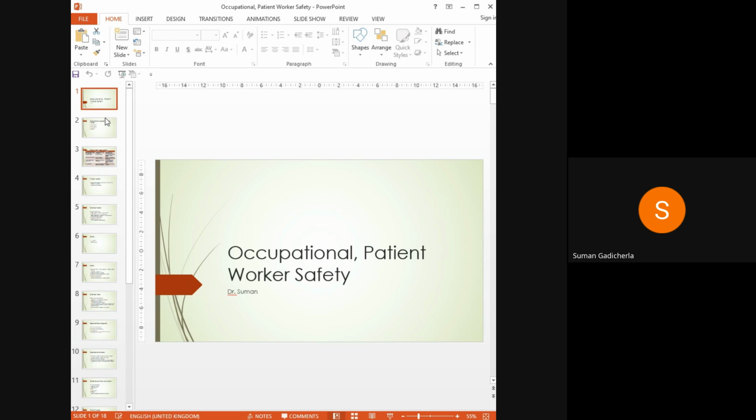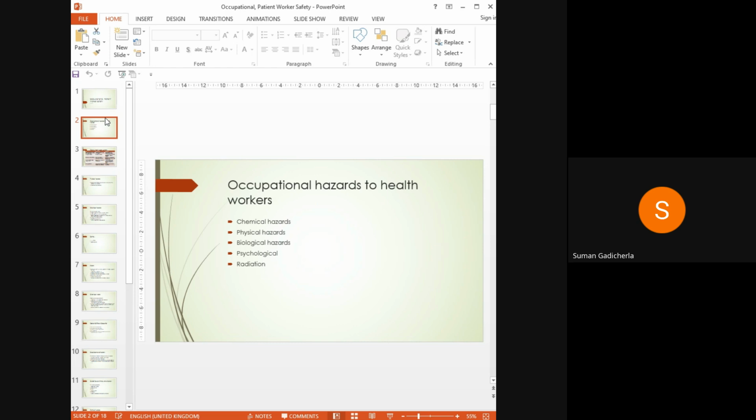Infections. We all work in healthcare facilities, and infections are the most common things that you will get. It can start off with a simple cold or cough, which can be transmitted from patient to us or from us to the patient. Both ways it can happen, right? So we have so many hazards, especially in a healthcare facility.